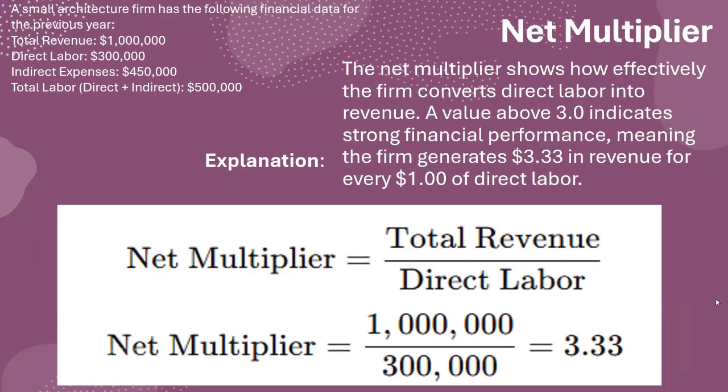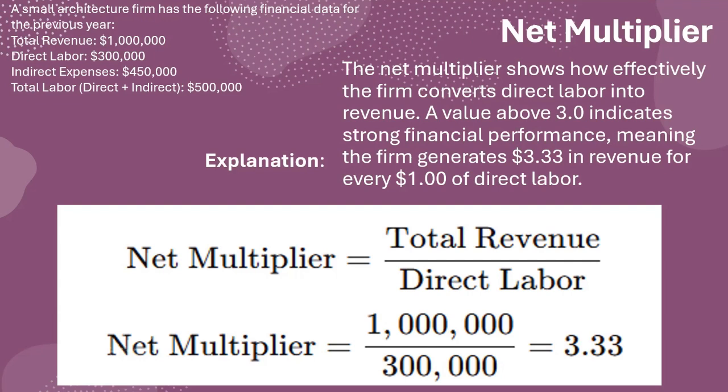And the final one that we are going to take a look at today is net multiplier. To calculate that, we divide the total revenue by direct labor. Our total revenue based on the question is $1 million, and we divide it by 300,000. And we get 3.33.